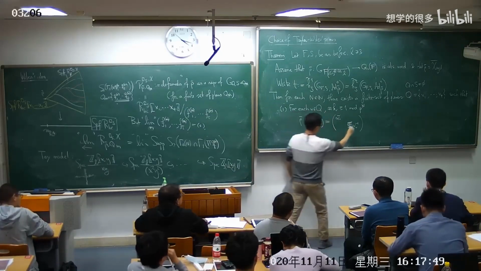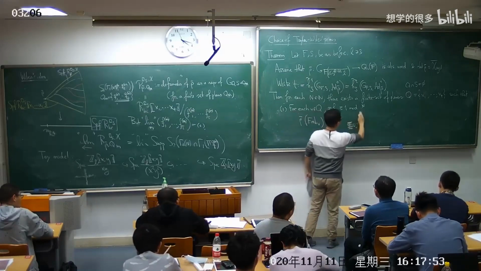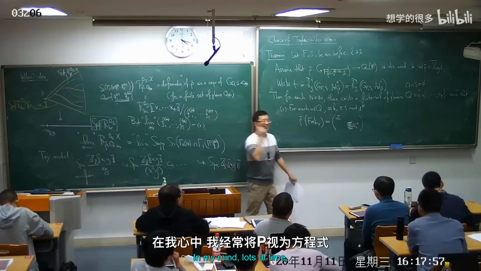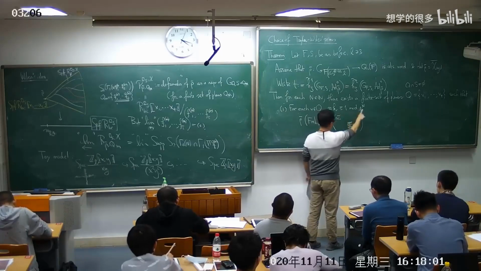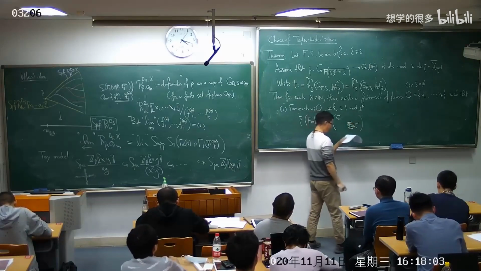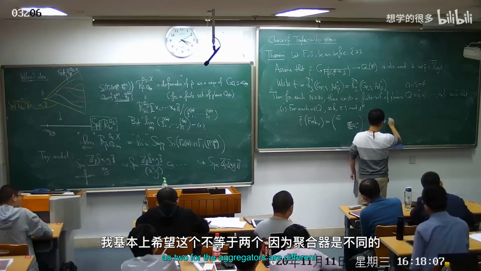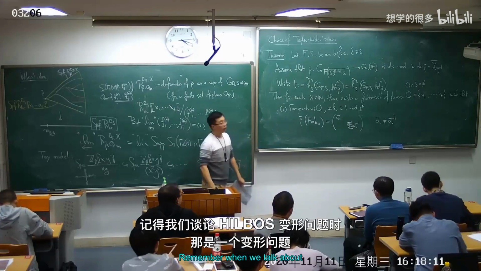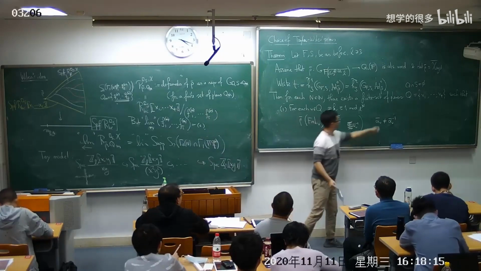I apologize, it's modulo L; lots of the time in my mind I'm using p as a coefficient. So q is congruent to 1, therefore this goes away. I want alpha to be not equal to the other, so that the two eigenvalues are different. Remember when we talked about Taylor-Wiles deformation problems, that's the condition I want.